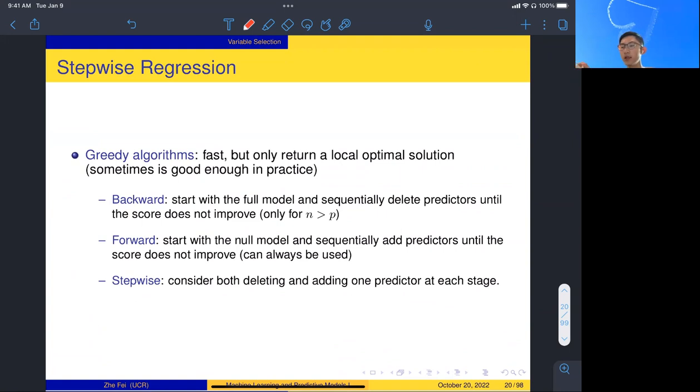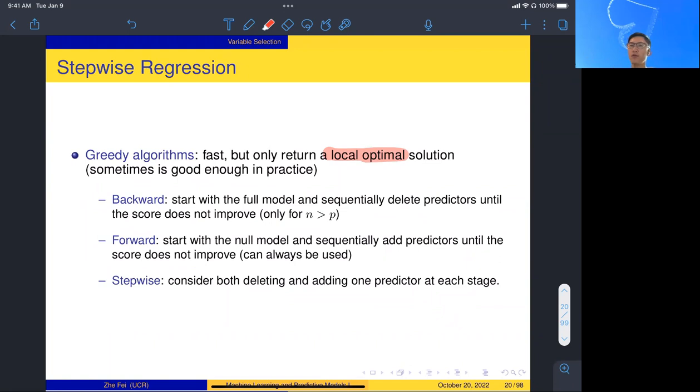By greedy algorithm, it's a general definition: it means that we want to optimize at each local step. So it's a local optimization algorithm, so that at each step we want to find the optimal solution, for example, our goal is variable selection.